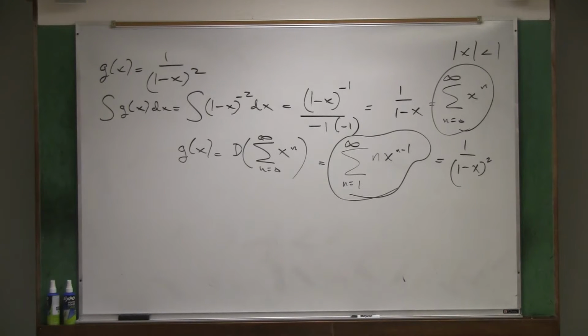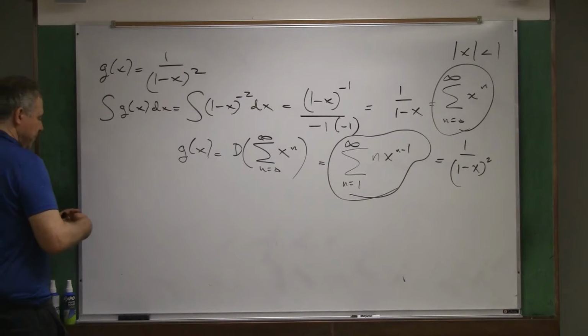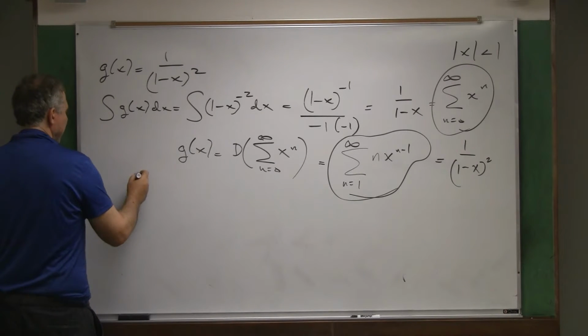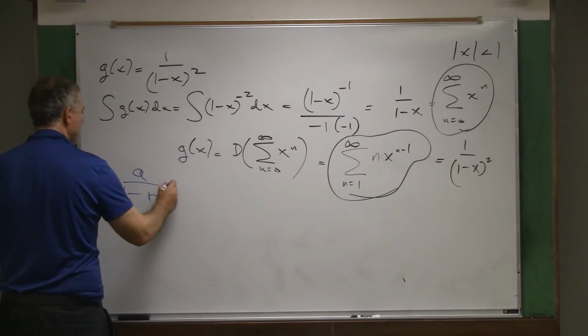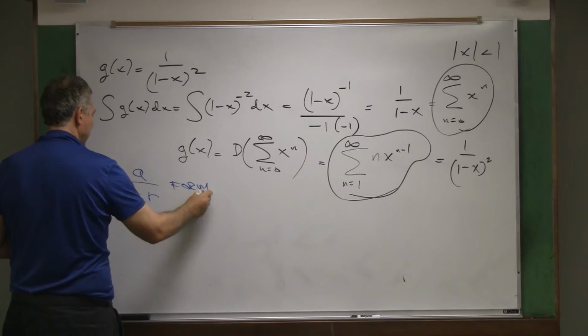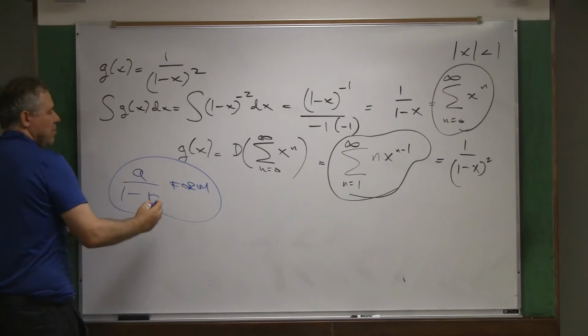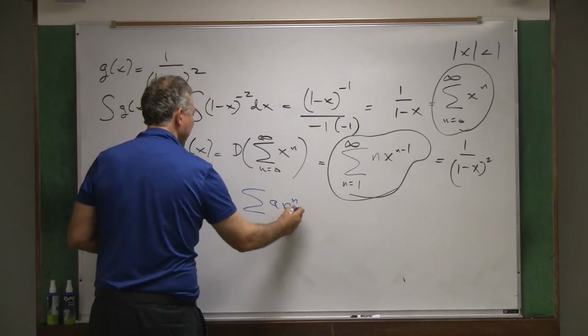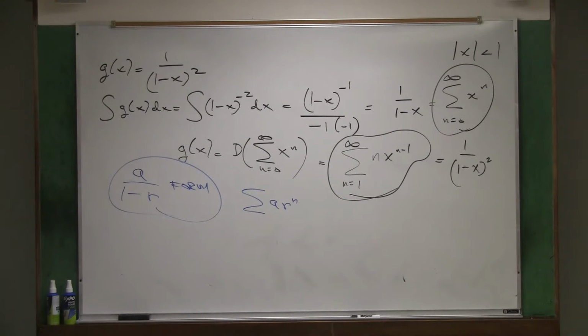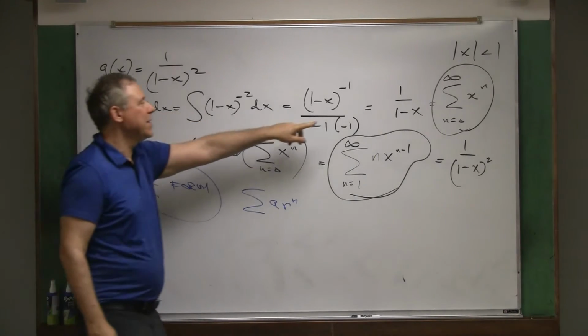So this trick allows you, in other words, if you see an a over 1 minus r form, you can put that into your series a r to the n. Now if I gave you a function like this, its antiderivative can be written in this form.